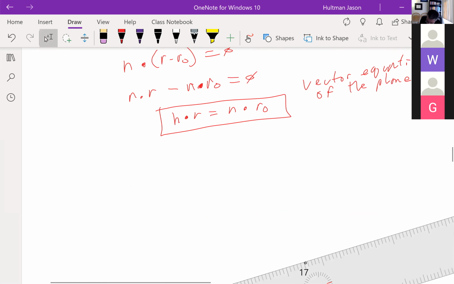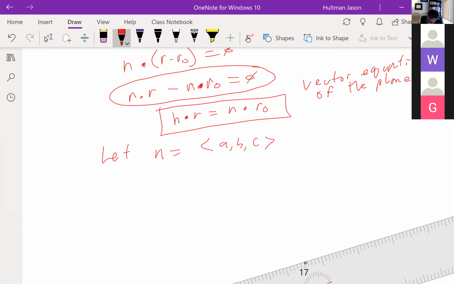Okay, so let's let n equal a, b, c. So now what is this going to become? Let's go back a step. Let's go back to this step here.